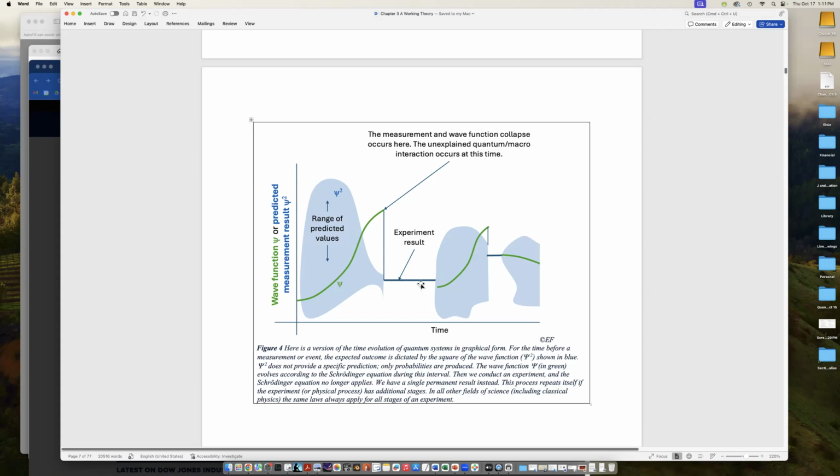And if you let the particle go to another experiment, the same thing repeats itself. But right here, this transition is an unexplained part of the process, because on the left side, the earlier time, we have a descriptive process, the Schrodinger equation and the wave function. On the right-hand side, we have a result.